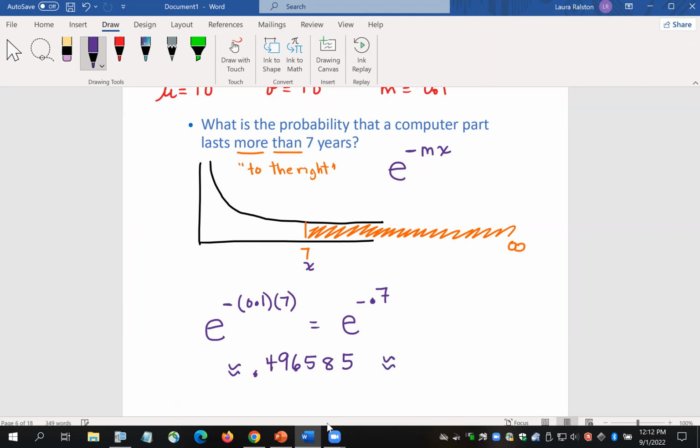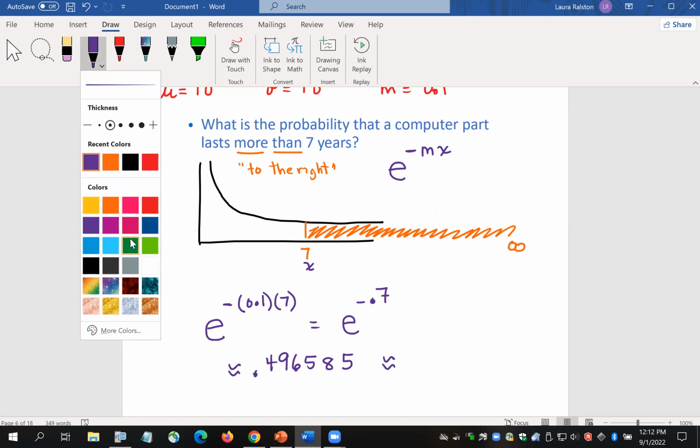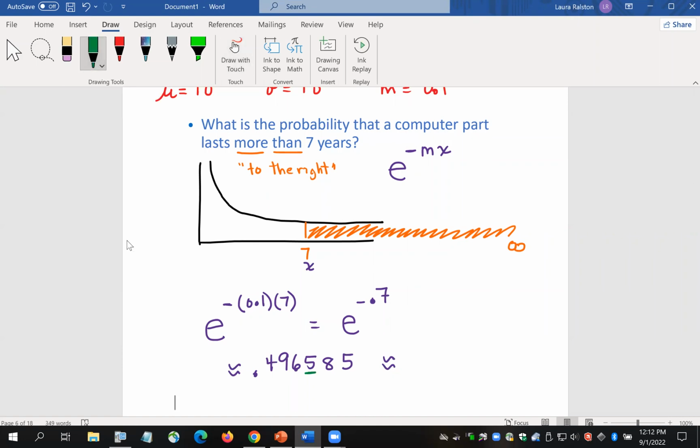Again, we normally round to 4 places. Guys, be careful. The 5 is in the 4th place. The 8 is next door, so it's going to bump it. So this becomes 0.4966.